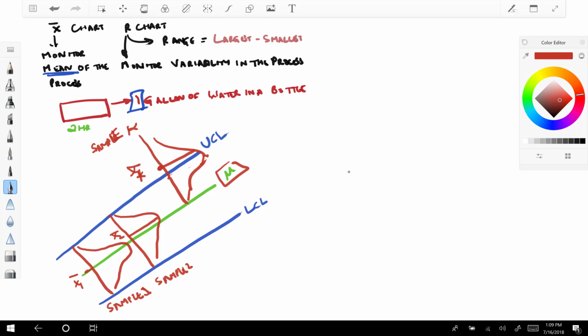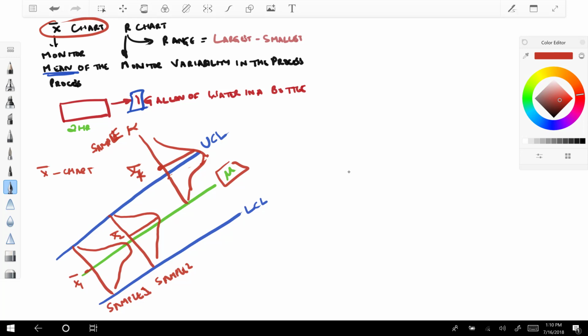So that's how we track the means of different processes. This is represented by the XBar chart. The change in the means is represented by the XBar chart, so we are trying to see the changes.